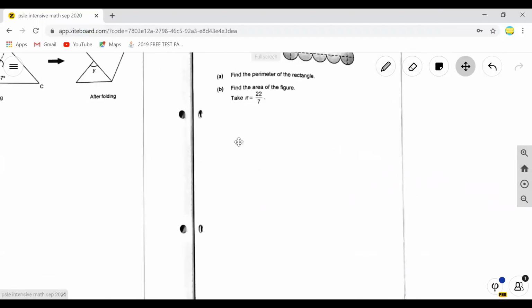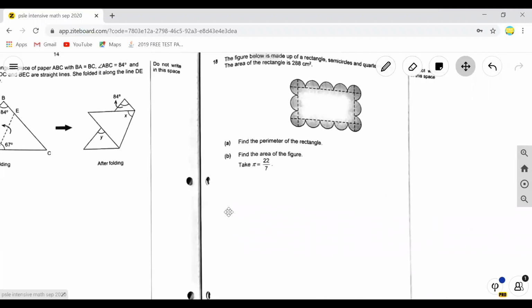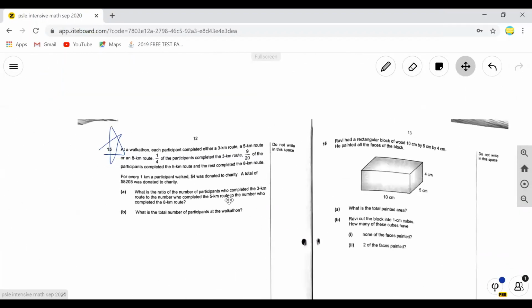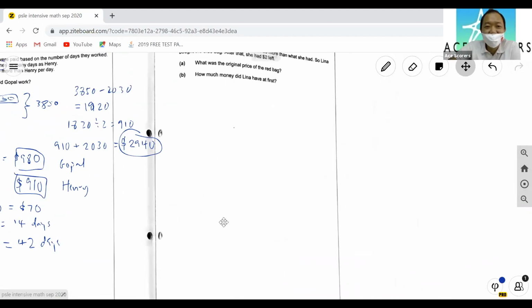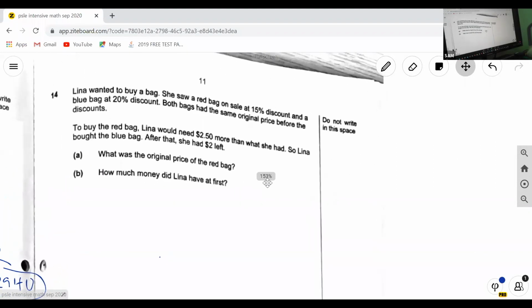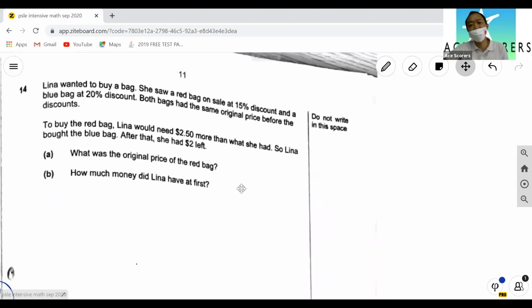The last one looks pretty easy. Let's just do question 15. This one is the worst. I don't want to see. Why can't we do it tomorrow? Because Mr. Tang needs time to figure out the answer. Okay, 5 minutes. Let's see this one.